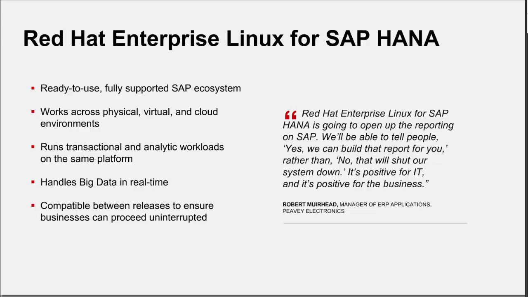So with that, you're able to run this across the physical, virtual, and cloud environments, whatever you want to use, especially in the Amazon cloud environment if you want to. There's a compatibility between all the releases, and we make sure that updates go flawlessly.